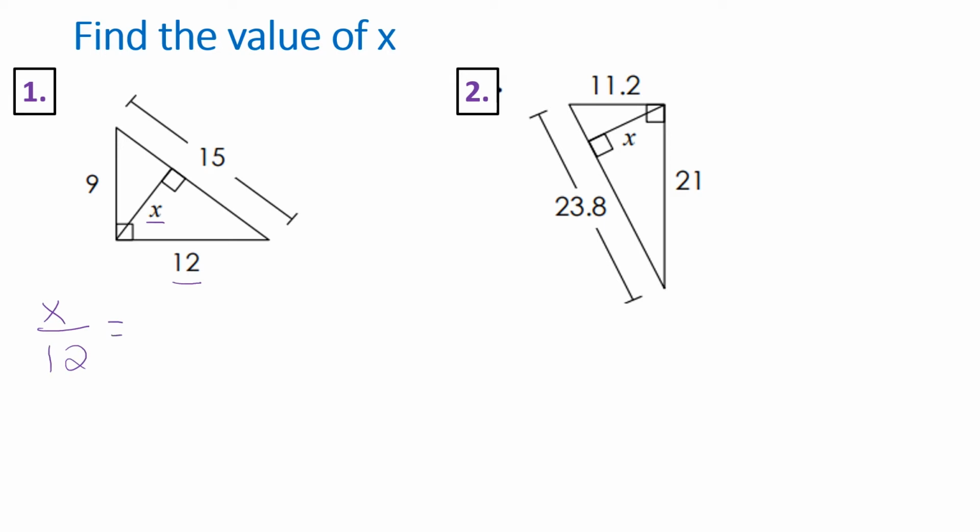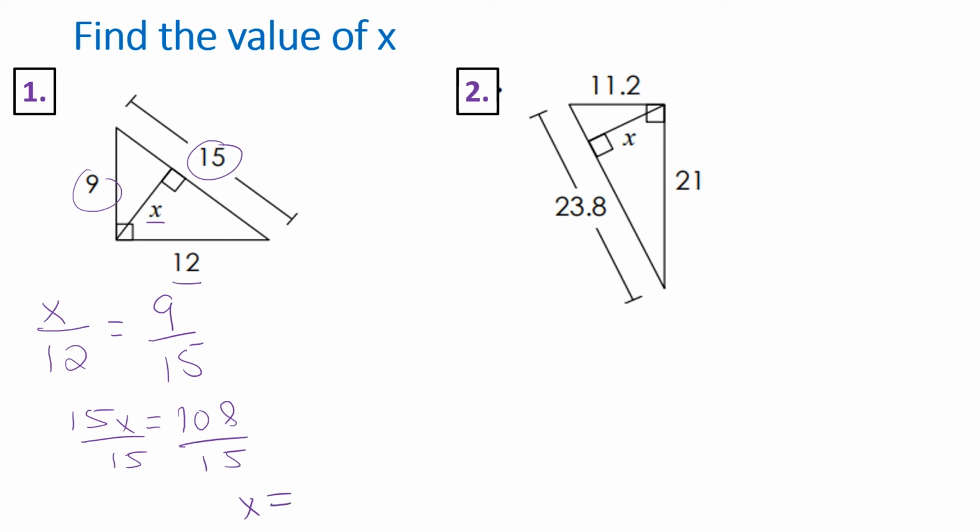And I could set it equal to the altitude, which is 9, in that larger triangle, to the hypotenuse of my larger triangle right here, which is 15. And then I would just solve that proportion. Cross multiply, and we get 108. 9 times 12 is 108. Solving for x, x is equal to 7.2.